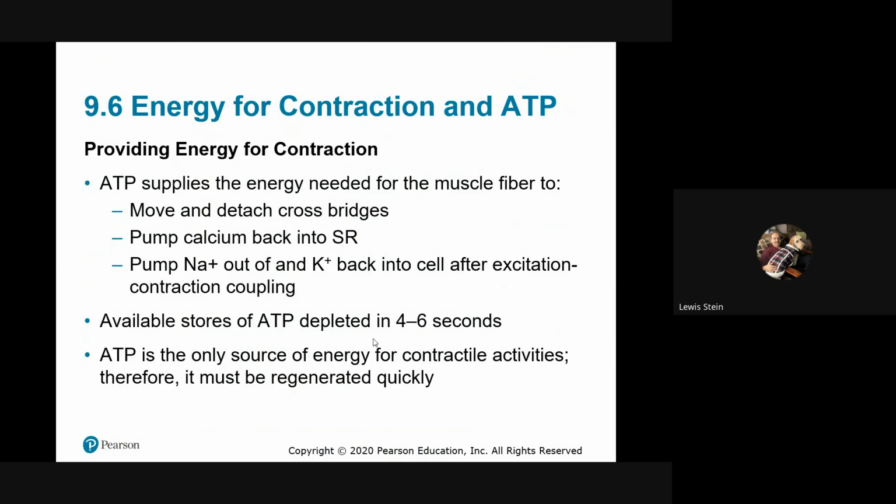Very little of what we do lasts more than 4 to 6 seconds. We don't maintain doing our muscles for a very long period of time unless we're doing some very specific activity that requires a lot of energy expenditure. You run out of resources quickly, even in sport. If you think of a tennis player, very few points last more than a few seconds.